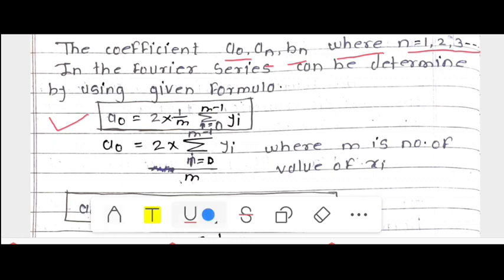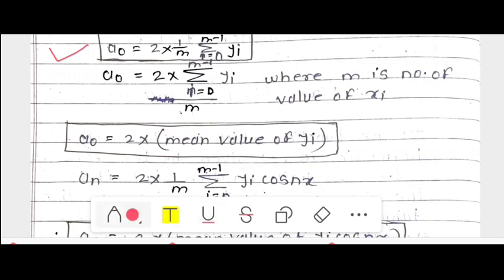That is the formula to find the value of a0, which is 2 into the mean value of yi. We take the summation of yi and divide it by the number of values of yi.